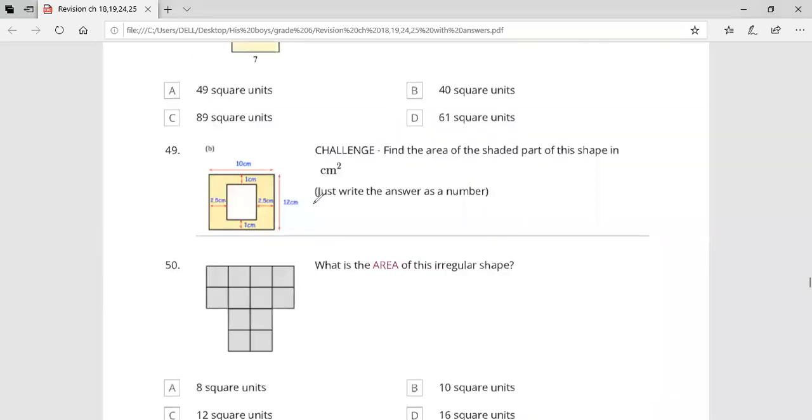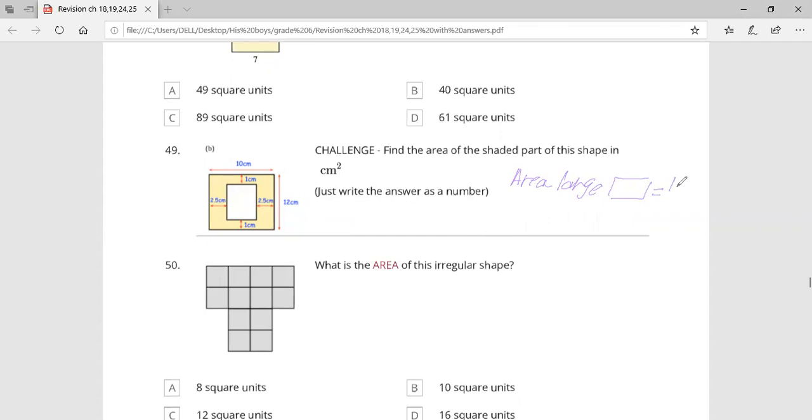48, how to find the area. Here is our shaded part. Here is the area of the large rectangle.